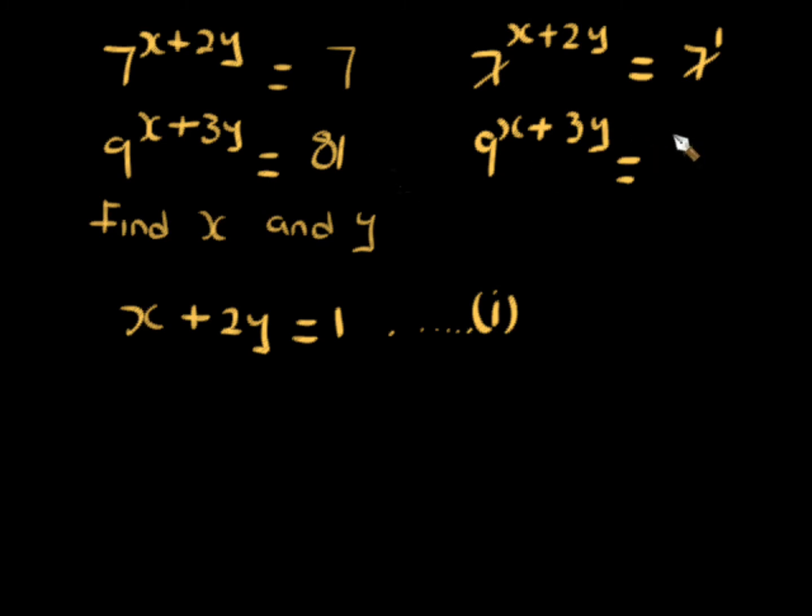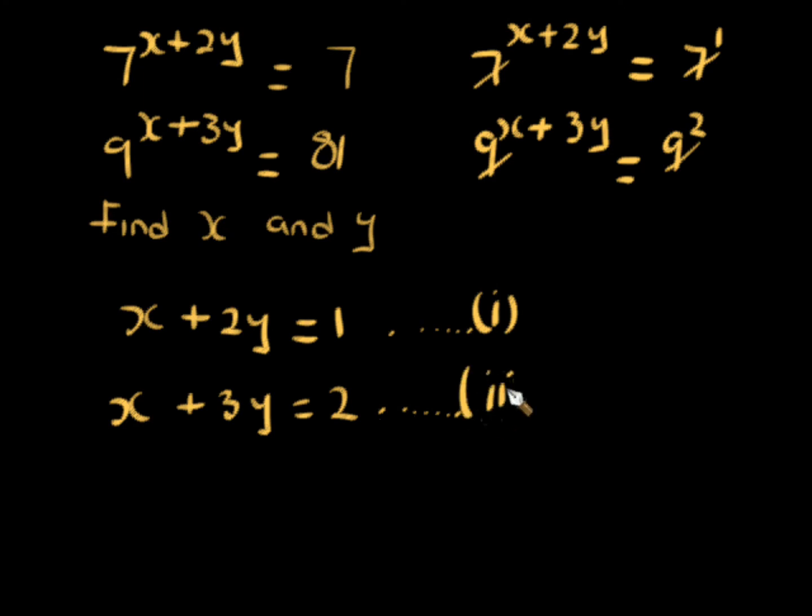So we have 9 raised to power 2. Now notice that the bases are similar, so this base cancels out this base. And for our second equation, we are left with x plus 3y equal to 2. That would be our second equation.